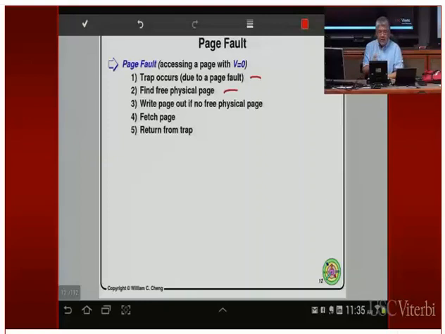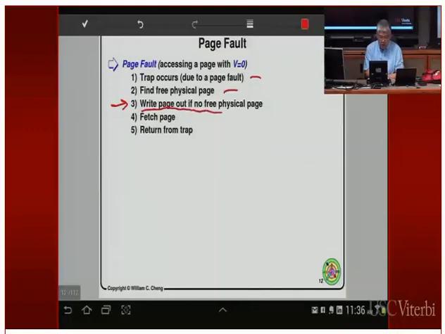In that case, if that page is not dirty, remember the page table entry has a dirty bit in it, then you can just free that page. If that page is dirty, that means the physical content of that page does not match what's on the disk. So you have to write that page out to the disk first before you can discard that page. So that's step number 3 over here.